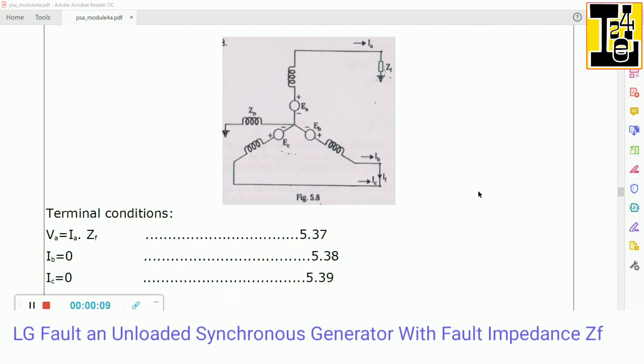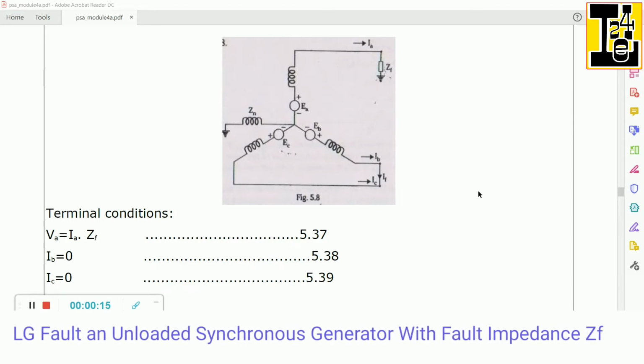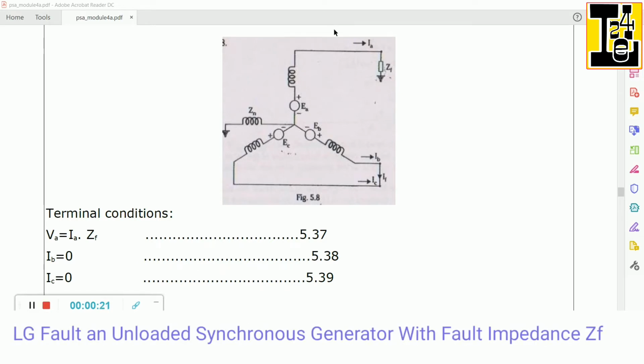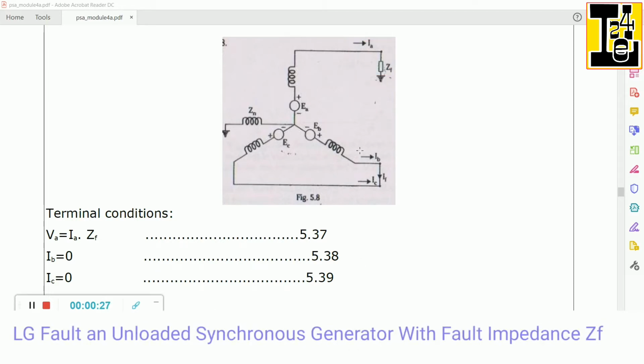Dear students, let us find the expression for the fault current when the LG fault is taking place on the terminals of an unloaded synchronous generator via a fault impedance ZF. You can observe here, we will consider a fault which is taking place at phase A, that is an LG fault.